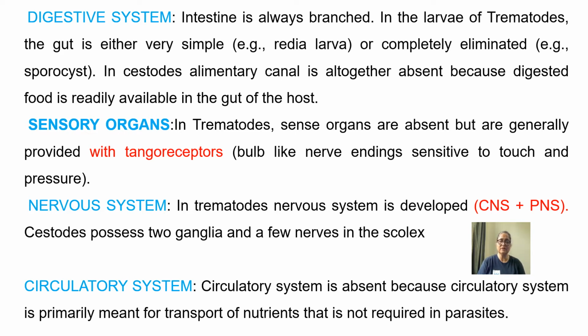The nervous system of the trematodes is a central nervous system. They have ganglionic structures, and the nerves spread from the head region all over their bodies. The main function of the circulatory system is to transport nutrients, and since they take digested food they don't need it, hence the circulatory system is totally absent in parasites.